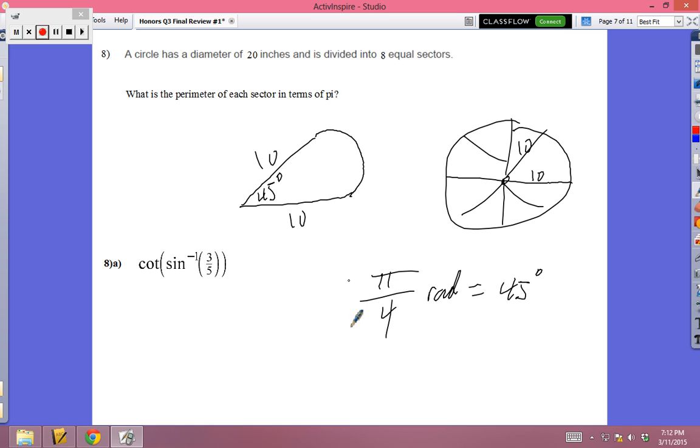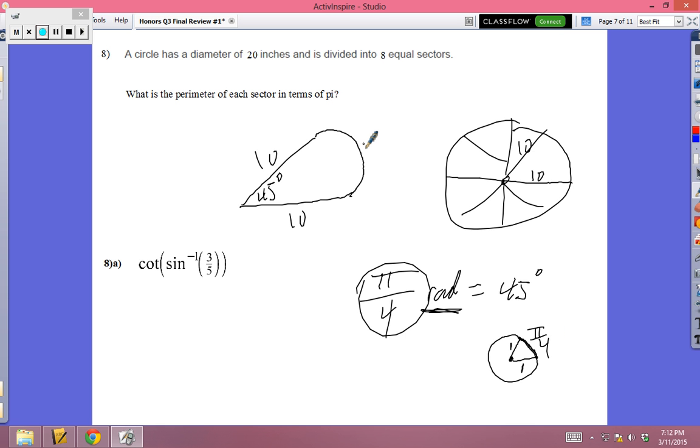But this pi over 4, this radians, is the arc length only in the unit circle, so only if your radius is 1. So in the unit circle, when your radius is 1, this arc length is the same measure as the radians. So this would be pi over 4.